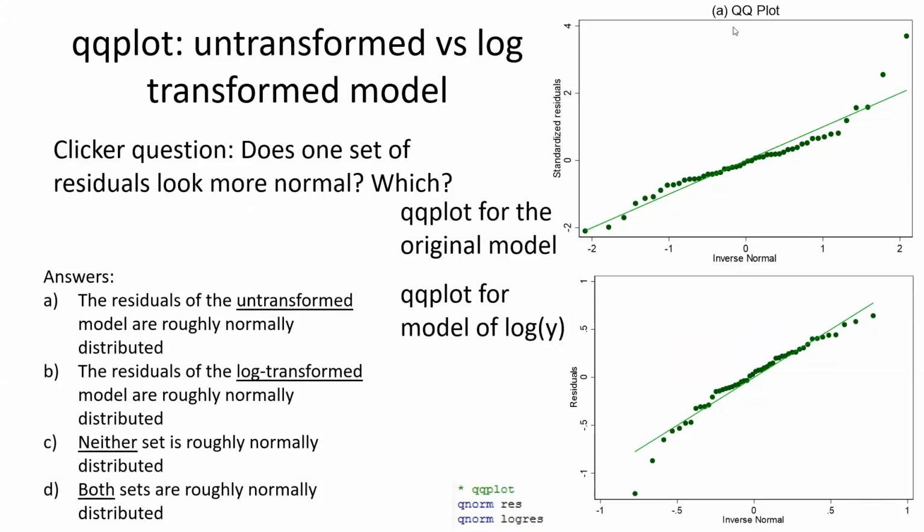So here we have a qqplot of one model, I forget which one it is, and then we have the log transformed model here. Now this is real data, it's not made up data, I think. So the question for you is, did one help? Are both terrible? Are both good? I will leave that for you to decide, and I'm moving on.